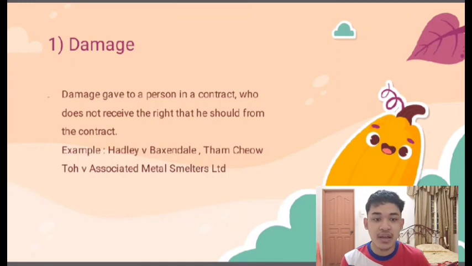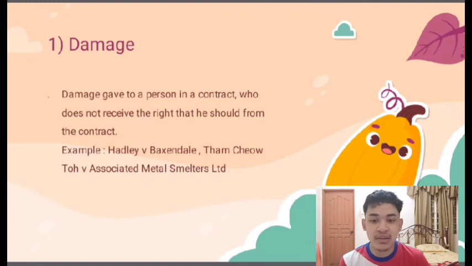Defendant was late. As a result, plaintiff's factory could not operate. Plaintiff claimed damages for profit loss. Plaintiff's claim was rejected because the loss incurred was because the other machine was not functioning. Besides, both parties did not expect the loss to be incurred.